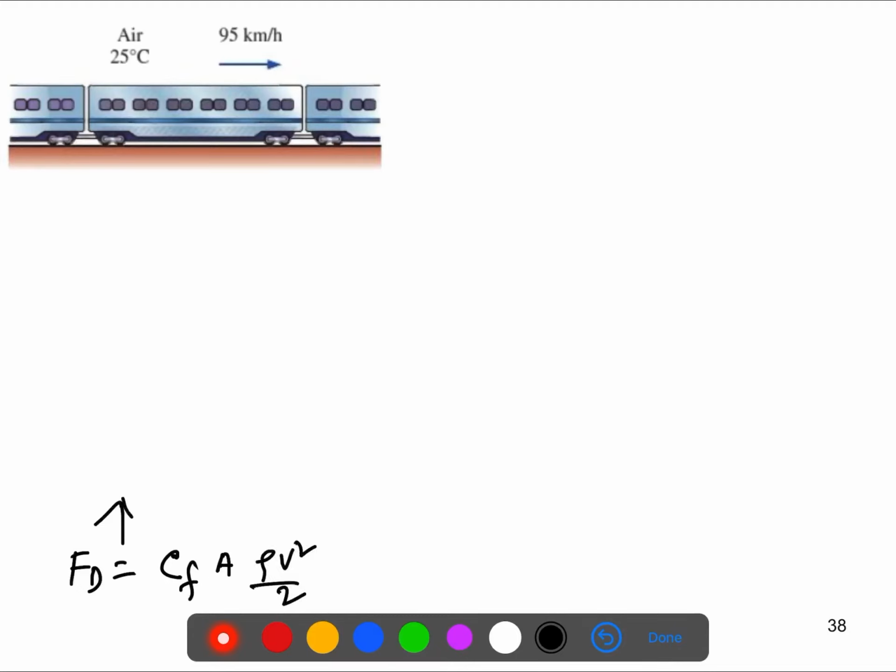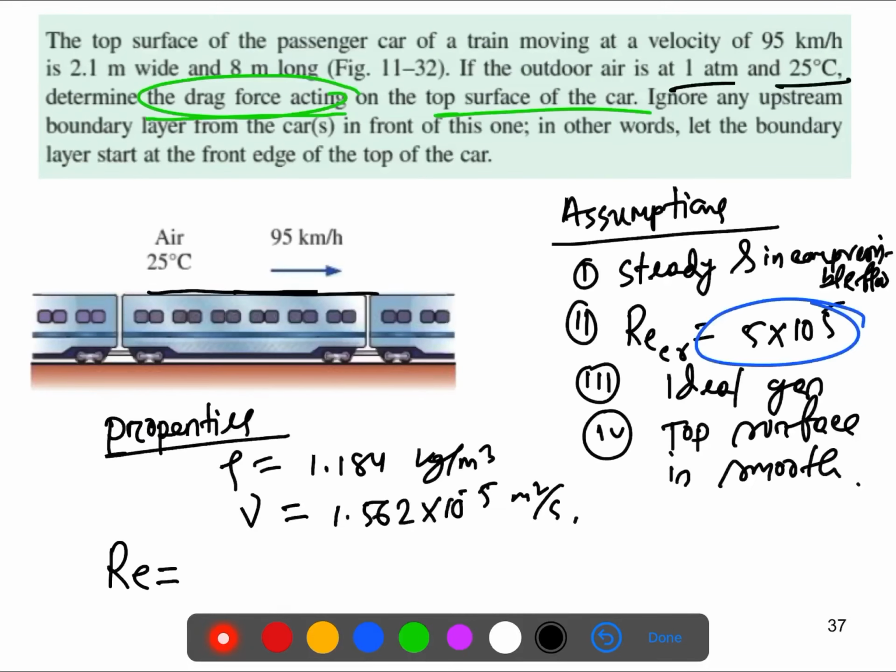That means we need CF, and CF is related to the Reynolds number, so we need to check the Reynolds number first. The Reynolds number uses the velocity, length, and kinematic viscosity. If you use the dynamic viscosity, then you need the density, but in this case we don't need the density.